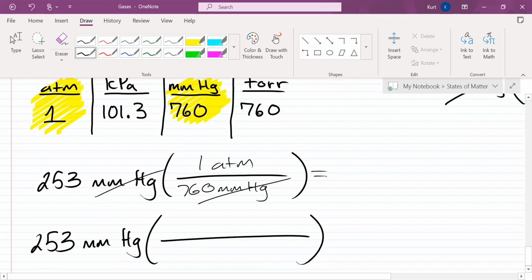So Kendall, what is 253 divided by 760? I have 0.333 atmosphere. Okay.